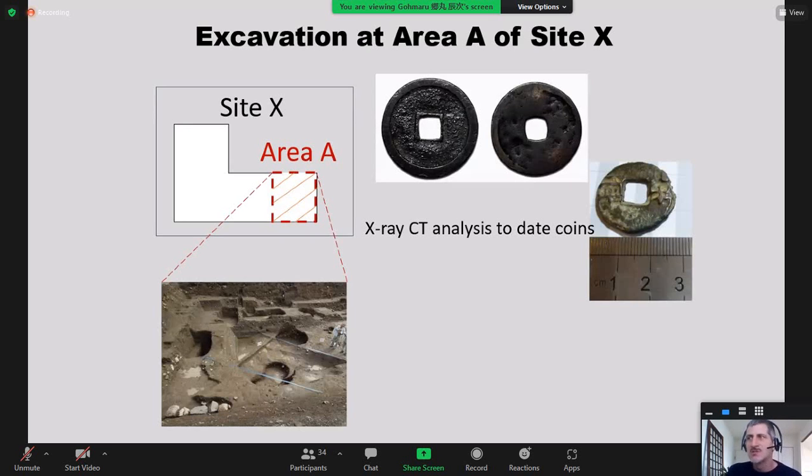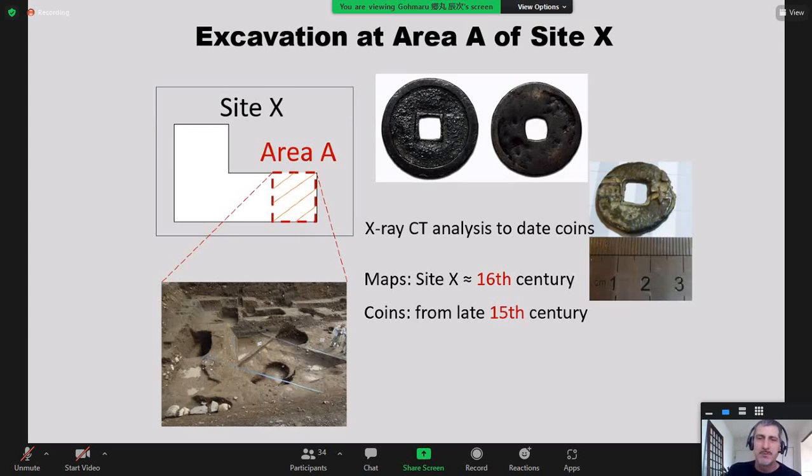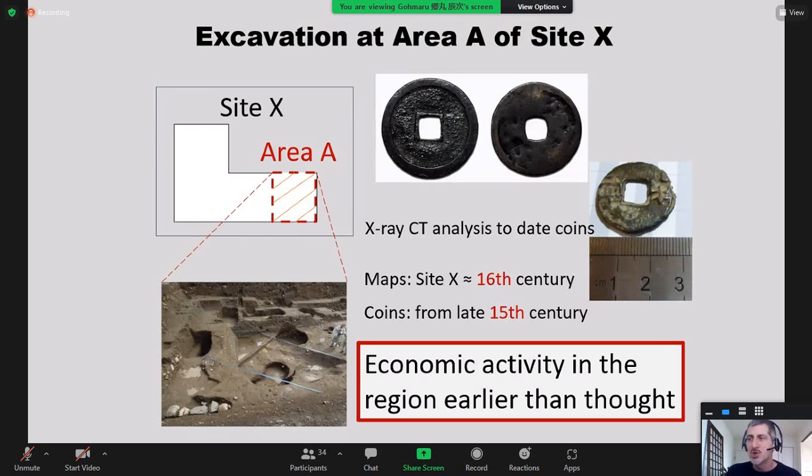They were examined with X-ray CT equipment and revealed to have been produced and circulated since the late 15th century. Although this did lend strong support for the Edo period maps that dated the site to the 16th century, this also provides compelling evidence for economic activity in Site X at these early dates. Such early economic activity had not previously been reported for this region.